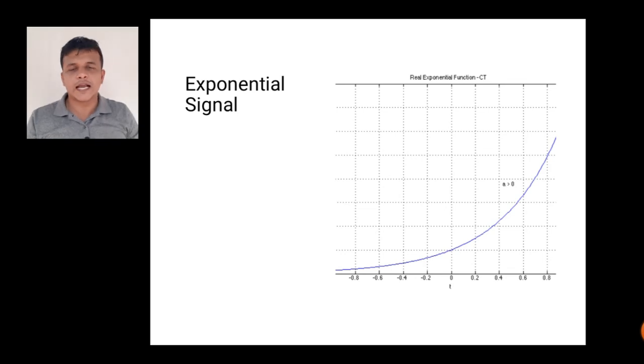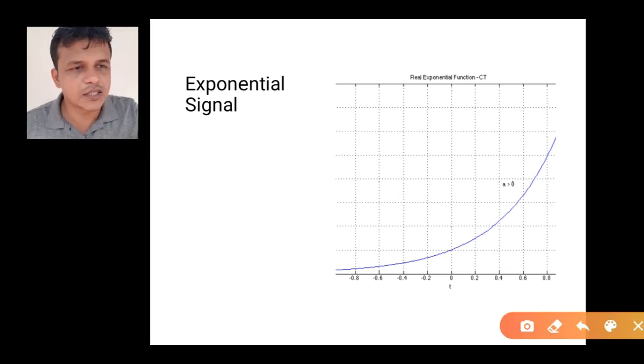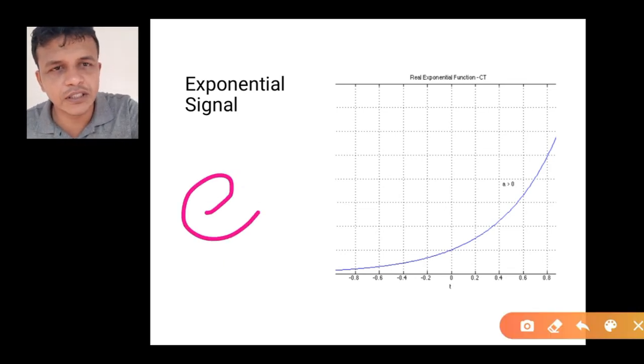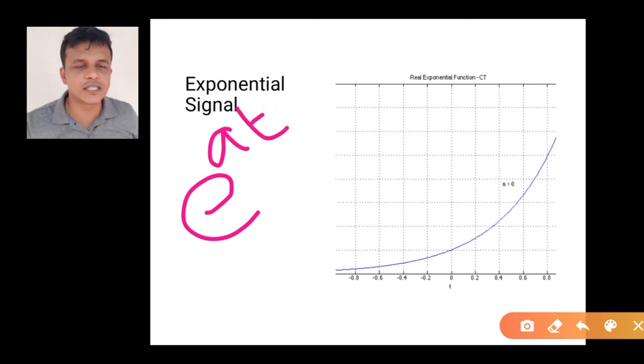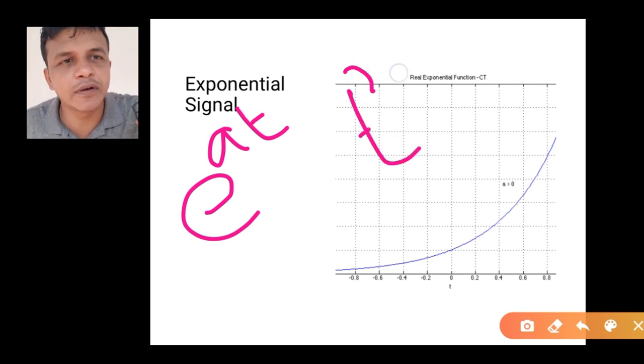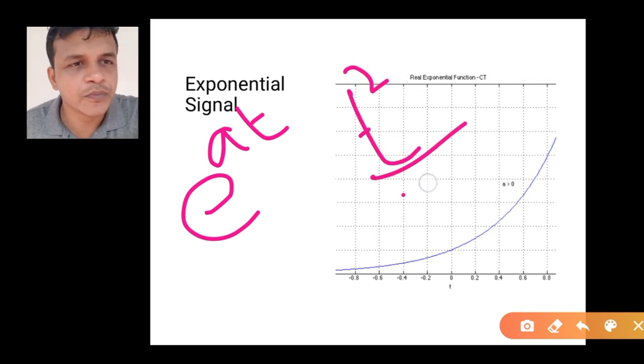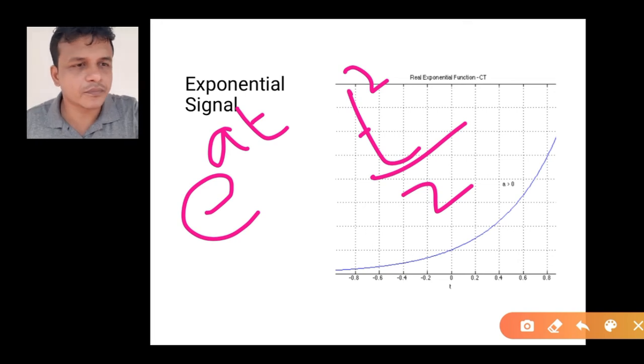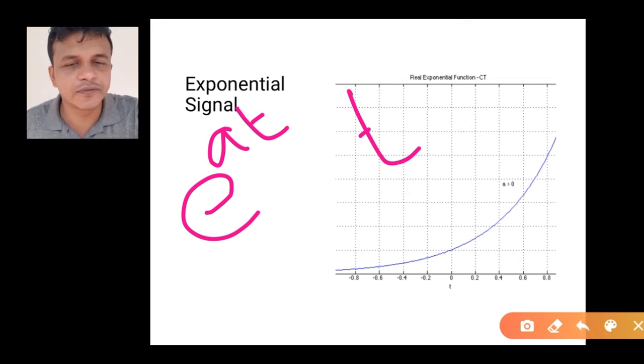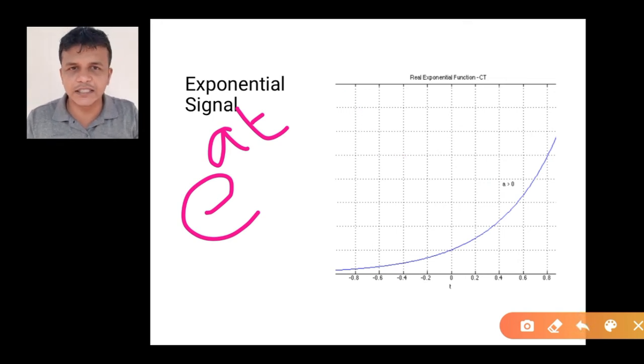The next one is exponential signal. Exponential signal should satisfy the equation e power at. So this is the difference between parabolic signal and exponential signal. Parabolic signal should satisfy the equation t square divided by 2, and exponential signal doesn't satisfy t square divided by 2, whereas parabolic signal doesn't satisfy the condition e power at.